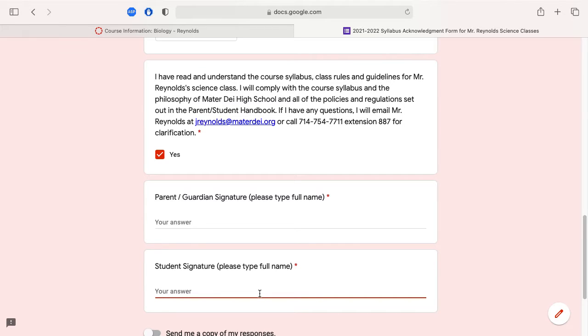And look, there's a place for your parent to sign. Remember the days when you would hand them a piece of paper and they would sign it? Sometimes you would just say, all right, this is for this class, this is for that class, and they're signing it. So make sure you have a quick conversation with them and just say, hey, my biology class looks like it's going to be easy. I'm going to really do well. And we're graded in categories, 35% labs, 35% quizzes. There's no tests, yay.